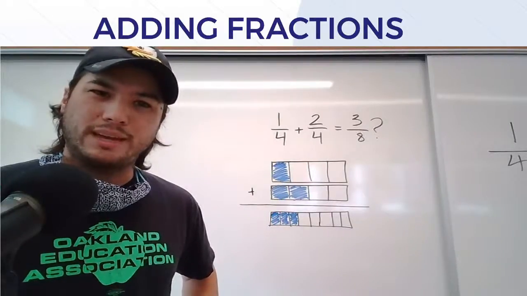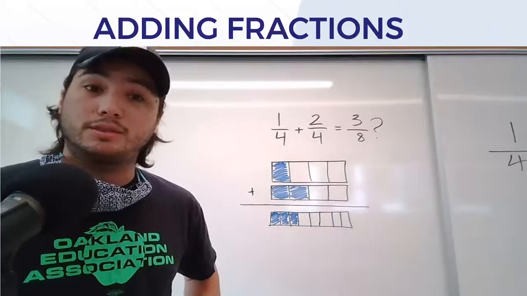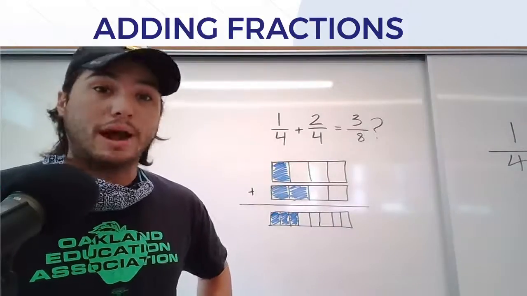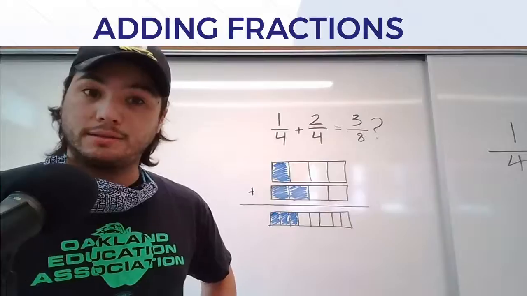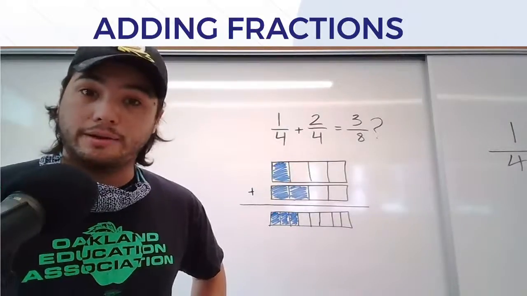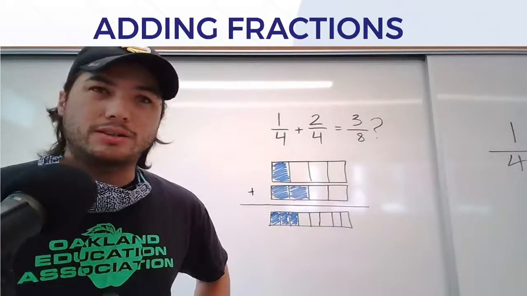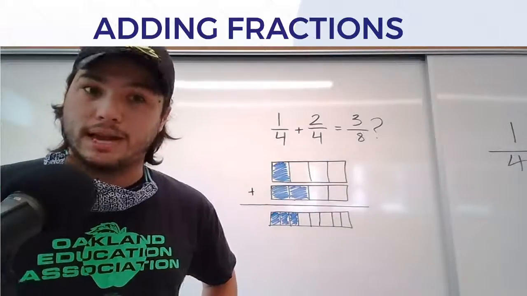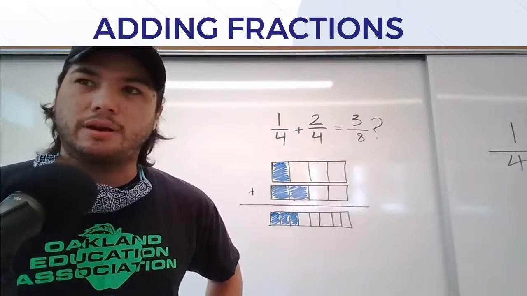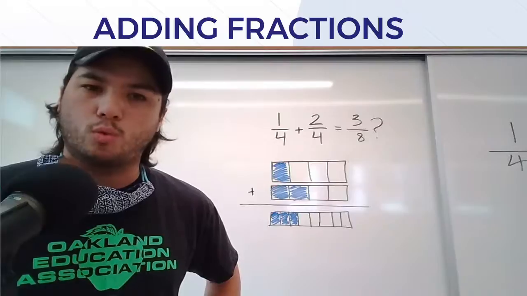So the size of our piece doesn't change. When we're adding or subtracting, the size of our piece, or our denominator, doesn't change. And our denominator needs to be the same size in order to add it up in an accurate way.